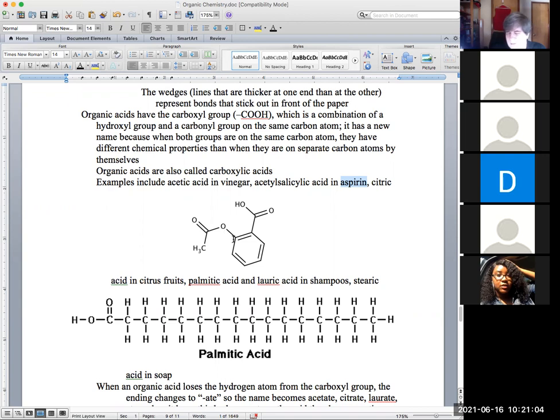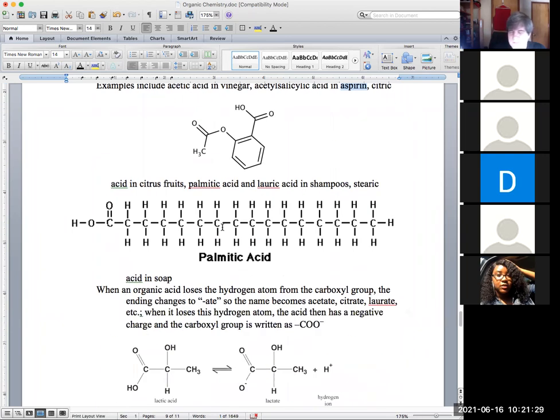And the second bond of this oxygen is to one of the carbons in the ring. So if there was a hydrogen here, if that's where the second bond of the oxygen was going instead of here, then this would be a carboxyl group. And then notice you can see there's a methyl group down here. So this is acetyl salicylic acid.